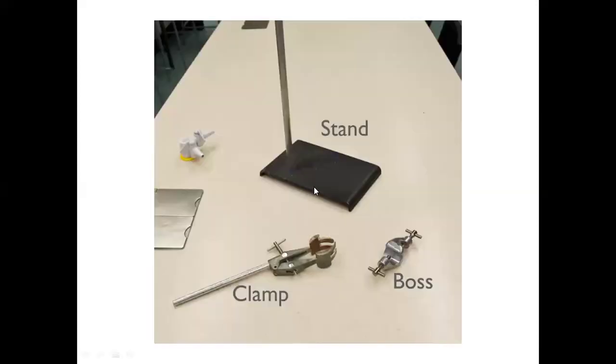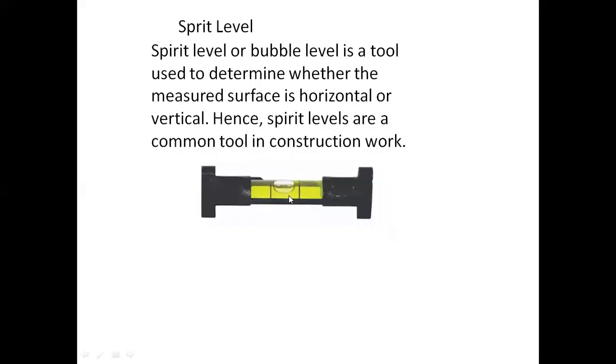The second thing, again, this is the stand, and this is the clamp, and this is the boss. The boss is used to fix the clamp on the stand. Now, spirit level. What is a spirit level? A spirit level is used to know whether something is exactly horizontal or not.